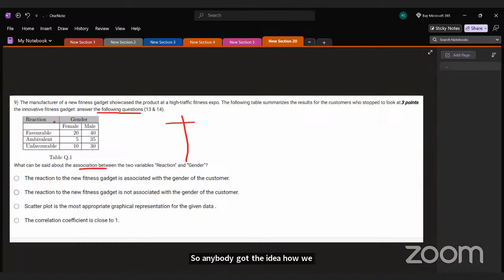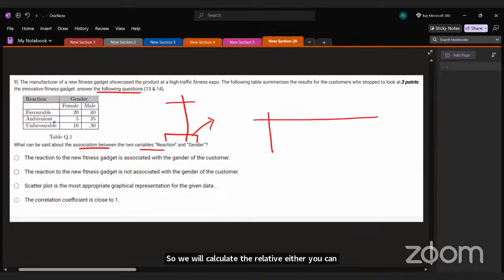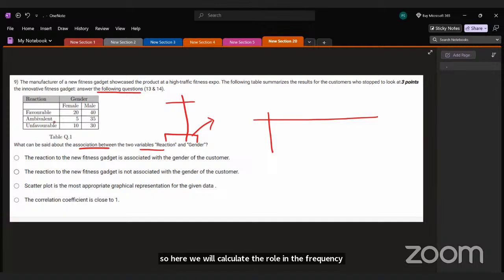The association between two variables, and these both are categorical variables. How do we calculate association between two categorical variables? By looking at the relative contingency table. Either you can calculate the row relative or column relative. Here we will calculate the row relative frequency.